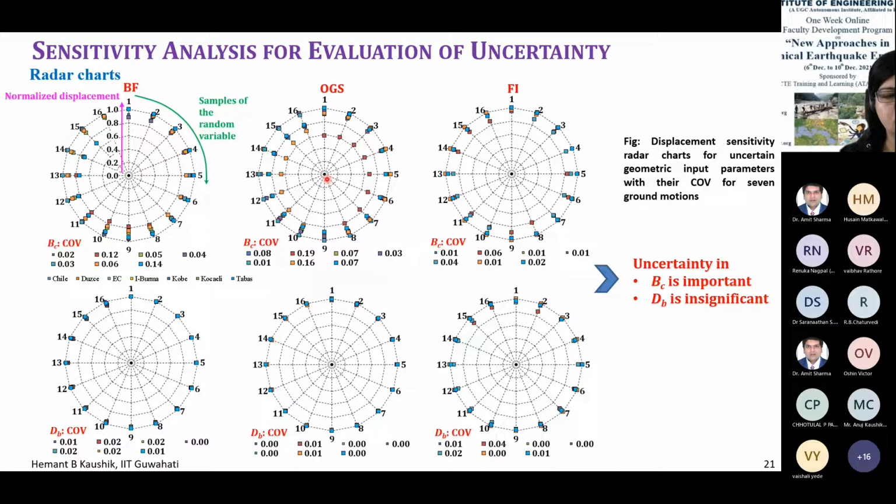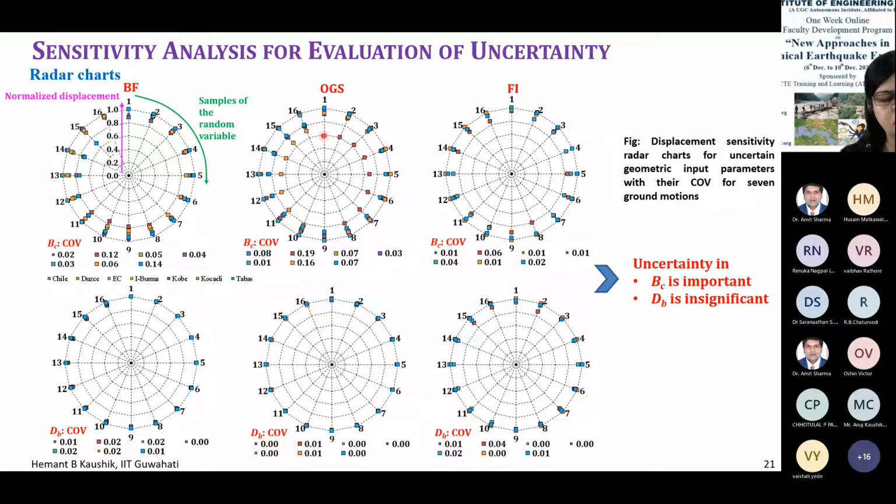And which results are we talking about? We are talking about the displacements. So for example, if you consider this open ground story frame for this earthquake, which is this one, the Dutch earthquake, you can see when you change the samples, the results vary, right?